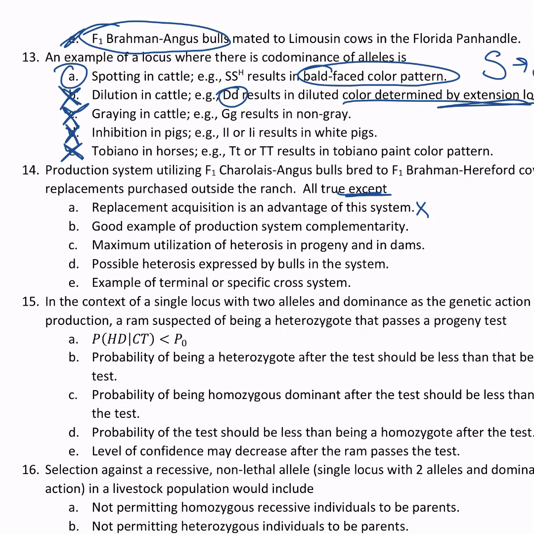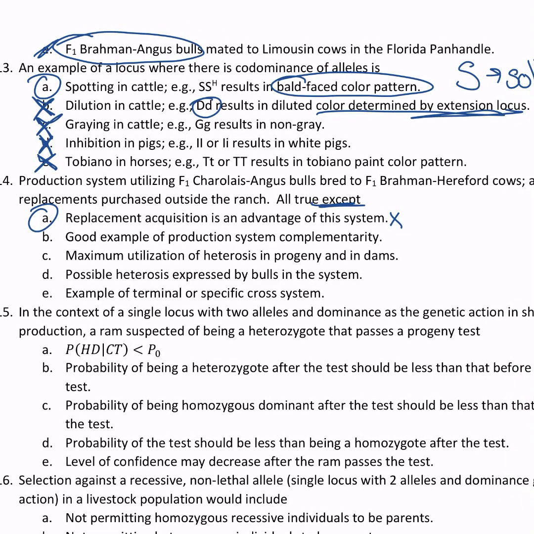So the correct answer choice in this case is A, but let's look at the other answer choices just to make sure those are true. We have a good example of production system complementarity. Yes, maximum utilization of heterosis and progeny in dams. We have an F1 dam, and then we're going to have maximum heterosis in the offspring, so that's correct.